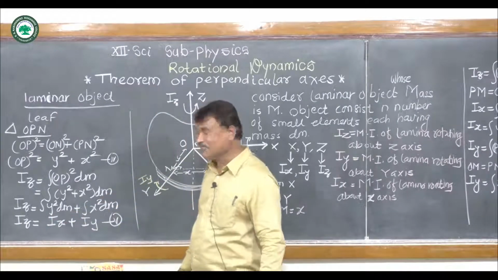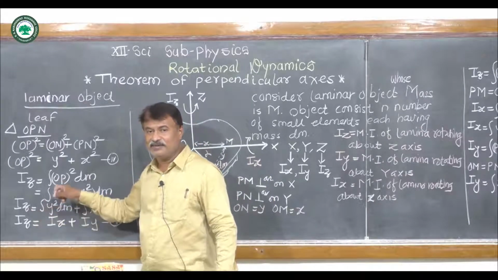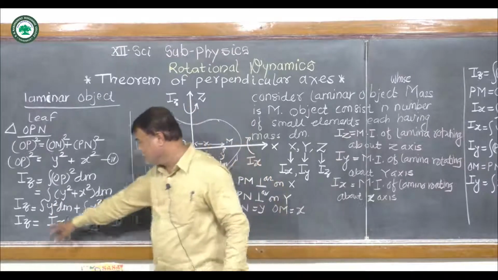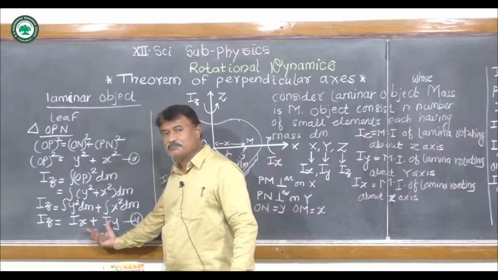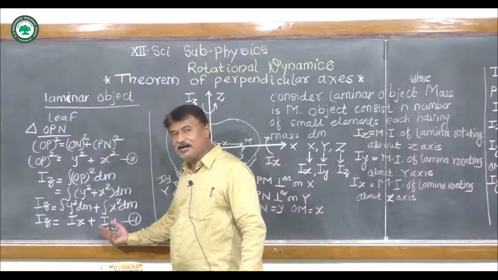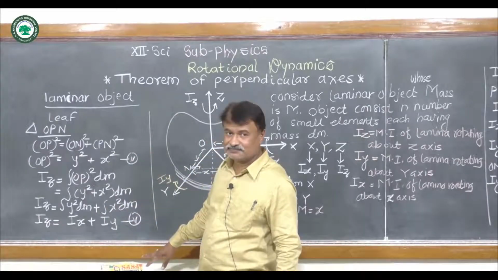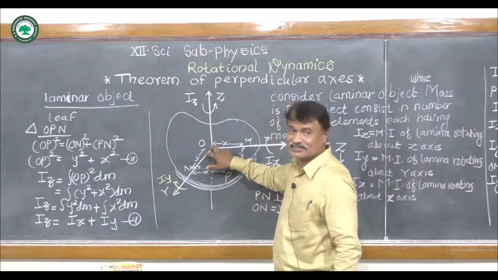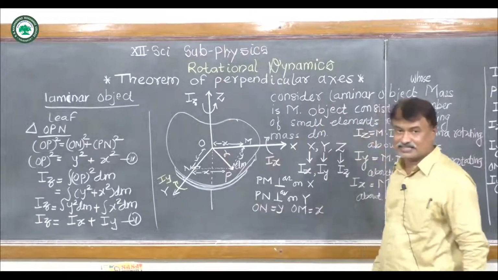The moment of inertia of a plane lamina rotating about a perpendicular axis is equal to the sum of the moments of inertia of the plane lamina rotating about two mutually perpendicular axes in its plane, and all these three axes are concurrent with each other. This is the statement of the theorem of perpendicular axis.